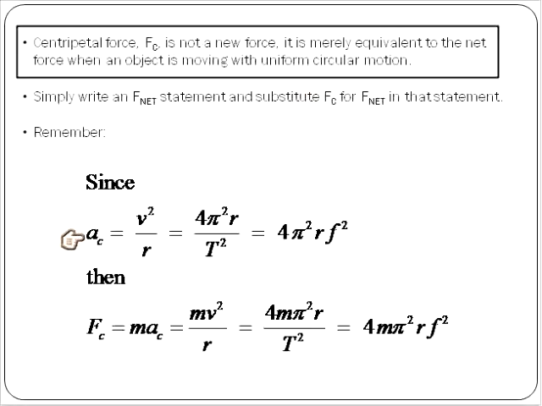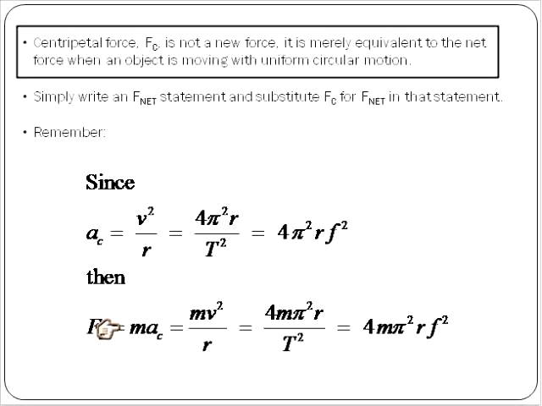Now remember our formulas. AC is equal to V squared over R, or we can write that as 4 pi squared R over T squared, or as 4 pi squared R F squared. Depends on whether we're given the V, T or F. So FC is equal to m times a.